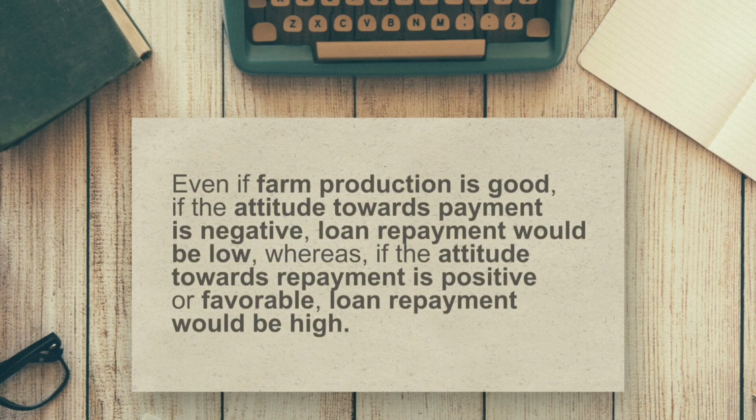Take a look at this example. Even if a farm production is good, if the attitude towards payment is negative, loan repayment would be low. Whereas, if the attitude towards repayment is positive or favorable, loan repayment would be high.